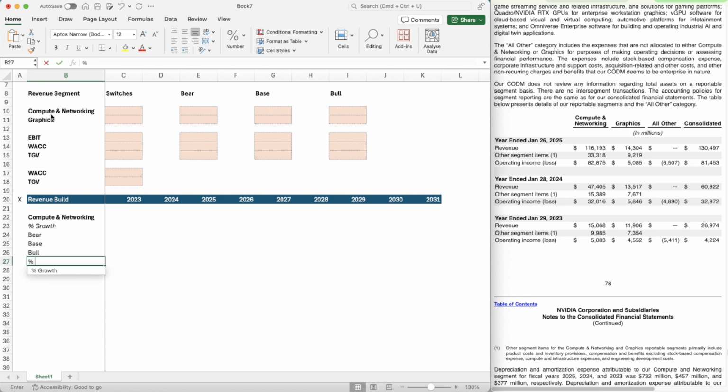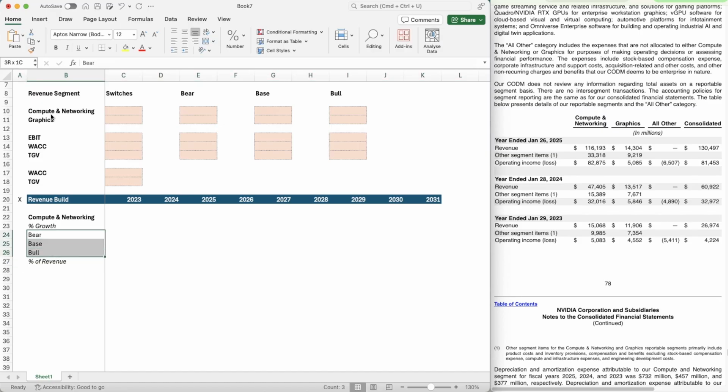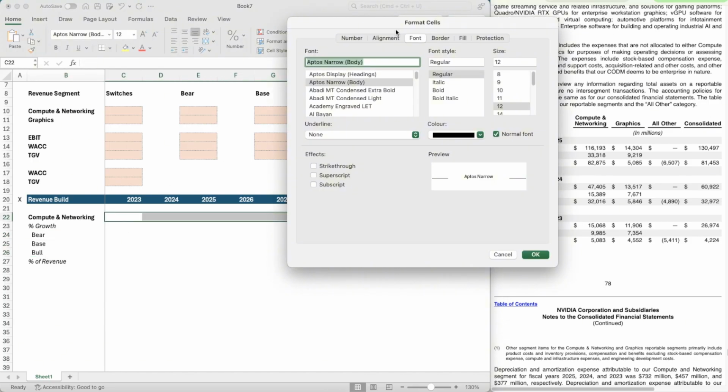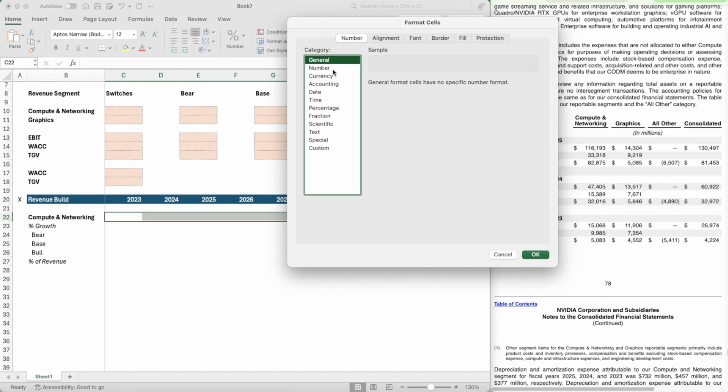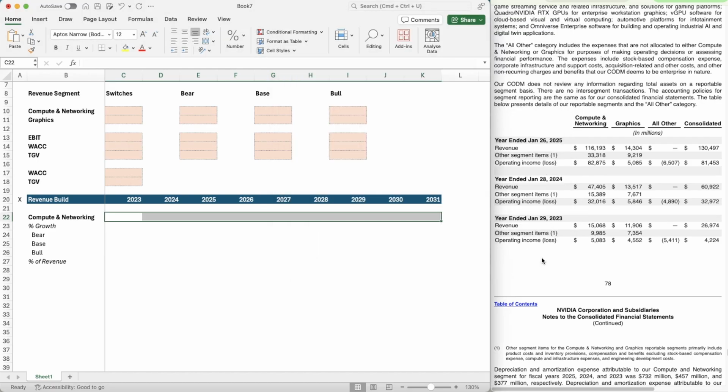We can put in percentage of revenue if you like. It's not crucial though. I'm going to format this so that it looks how we like it. Go number, no decimal places. We use the thousand separator. Negative numbers, we put in brackets.